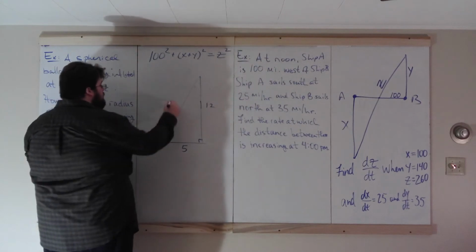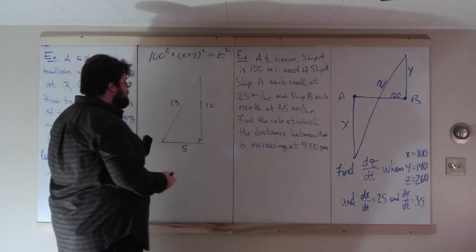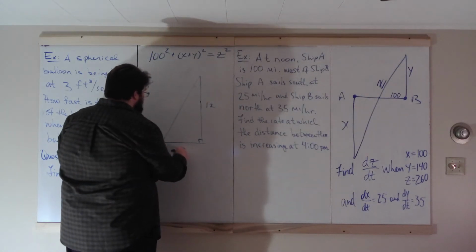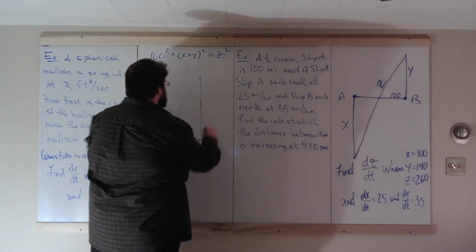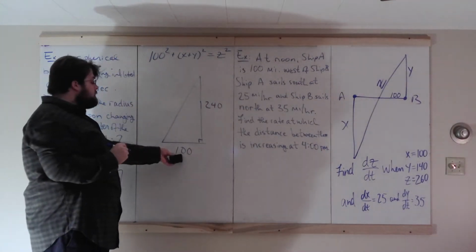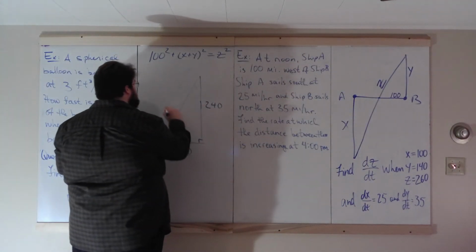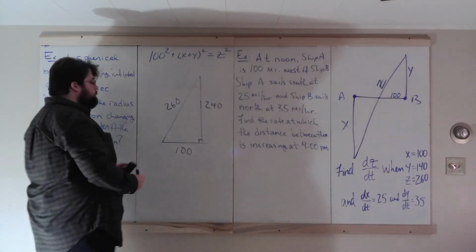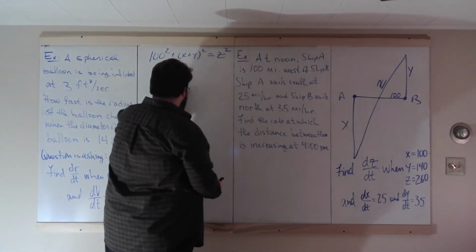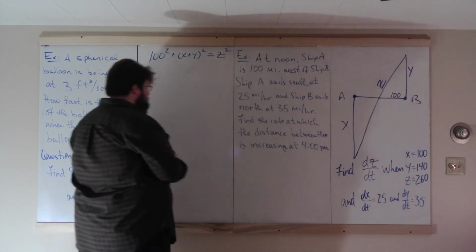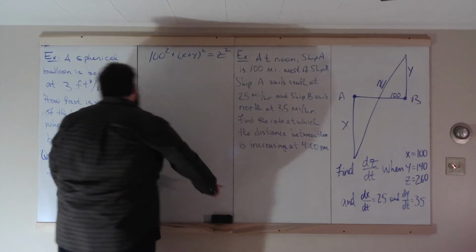With a 5 and a 12, the hypotenuse is 13. So we keep that in mind. We have a 5, 12, 13 triangle. So 5 times 20, 12 times 20, 13 times 20. Which is equivalent to substituting here, but those numbers might be kind of a pain to work with.